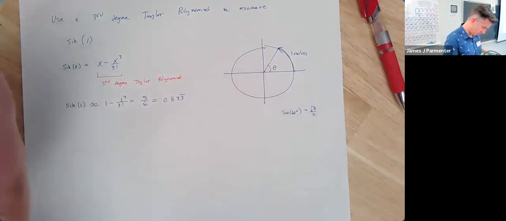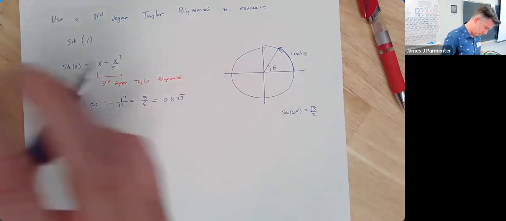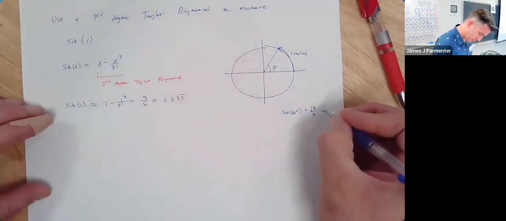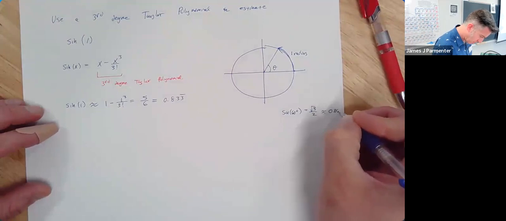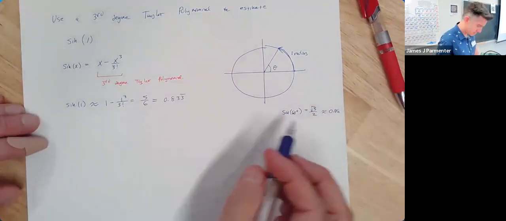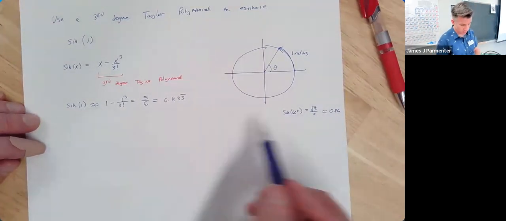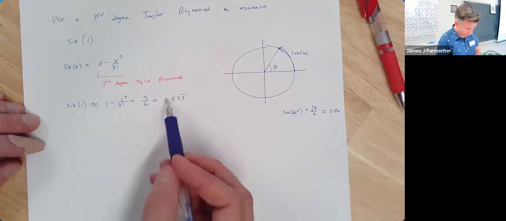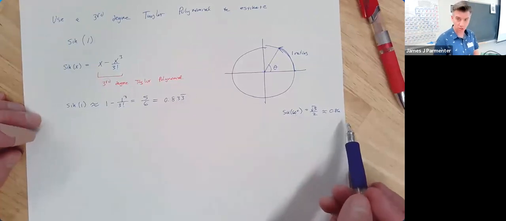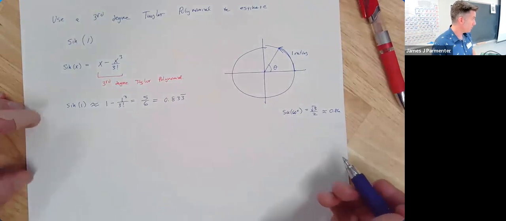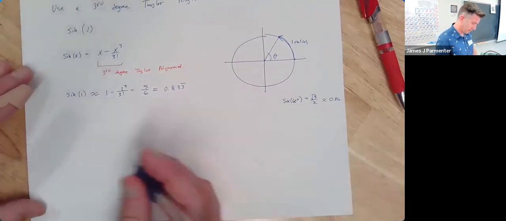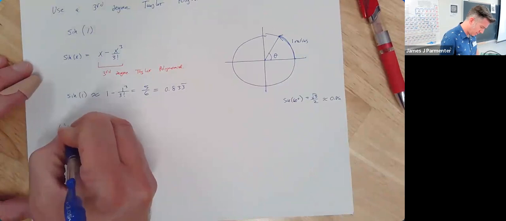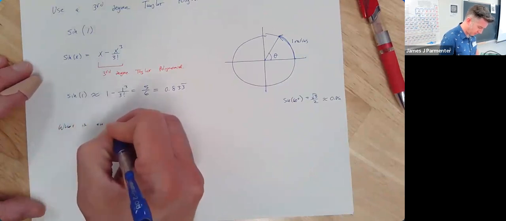I'm sure it's not sarcasm in my voice there. Is 0.86. So looking at this, sine of 1 radian, which is pretty close to 60 degrees, the value here is looking like it's pretty close to what it should be, which is comforting. So now the thing we want to ask is, what is an upper bound for the error?